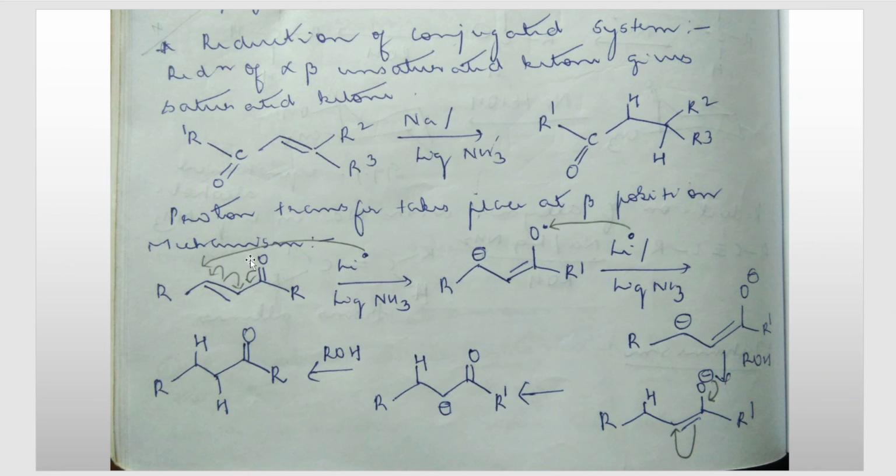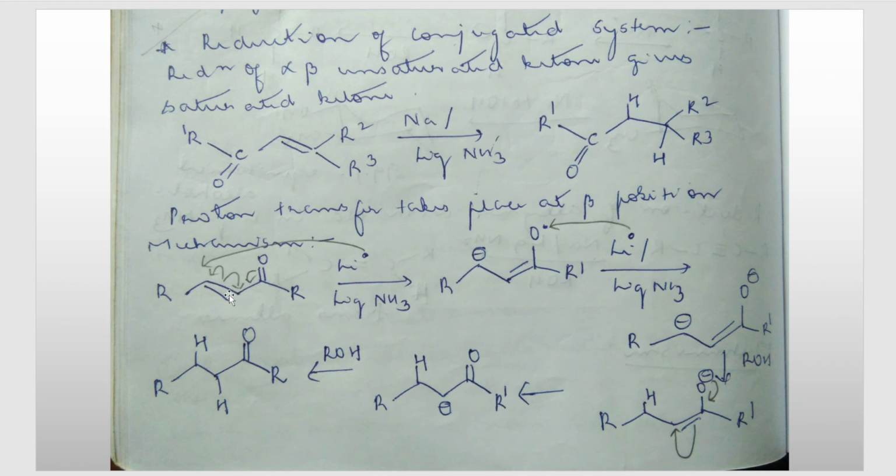I am taking this alpha beta unsaturated ketone, one example we are taking. What happens here, observe carefully, we'll name the carbons first, that time it will be easy. This is carbon number 1, this is carbon number 2, carbon number 3, carbon number 4. So we have 4 carbons, 1, 2, 3 and 4, and initially there's a double bond present between carbon number 2 and carbon number 3, correct?